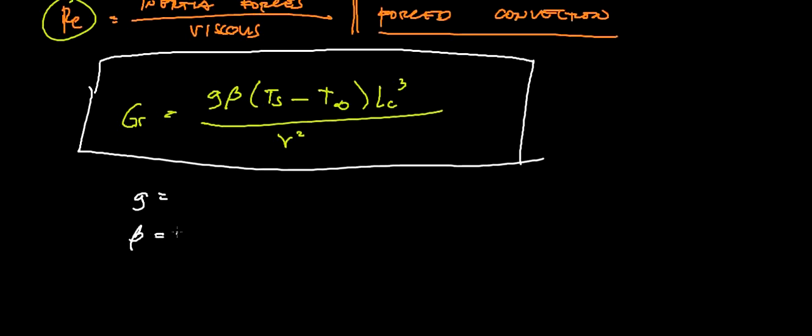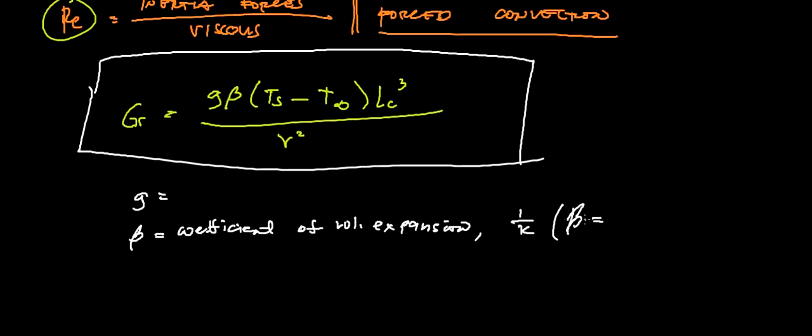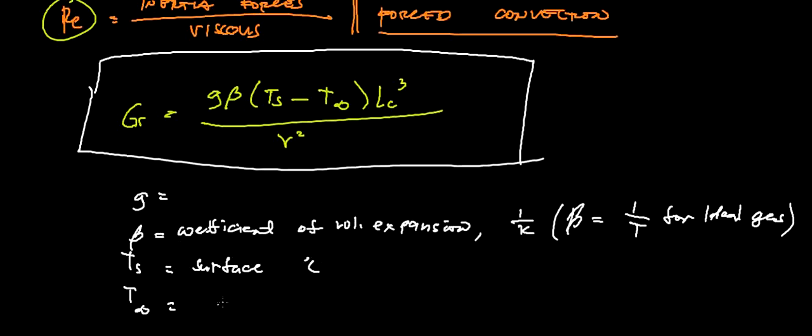Then beta is the coefficient of volume expansion, that is actually 1 over K, or beta is equal to 1 over T for ideal gas. And of course, Ts and T infinity are the temperature of the surface and the temperature of the fluid.